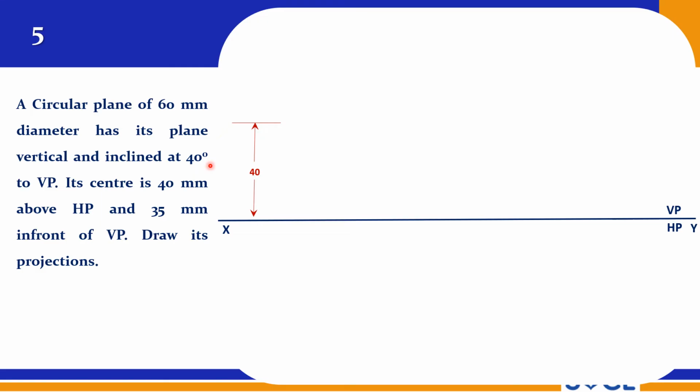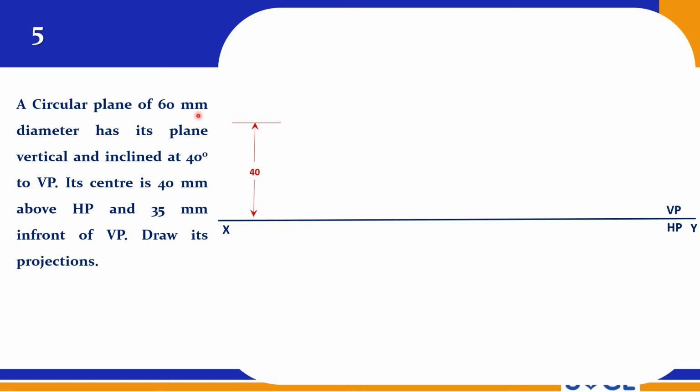So now you have to assume that the given plane is parallel to VP. So when the plane is parallel to VP, the true shape should be drawn above the XY reference line. At what distance? That is given. Its center is 40 mm above HP, right?